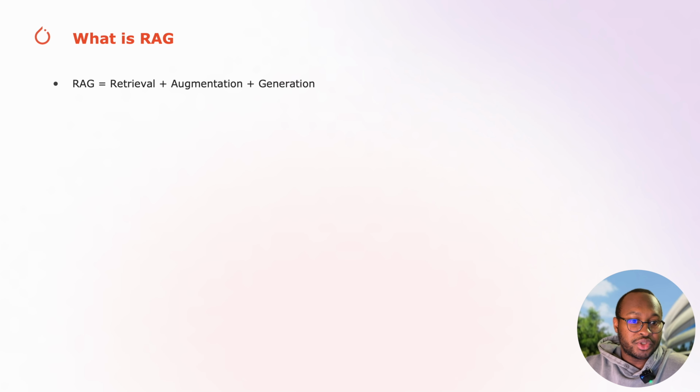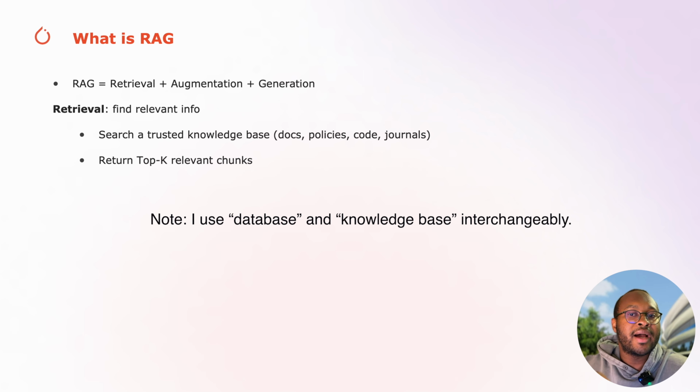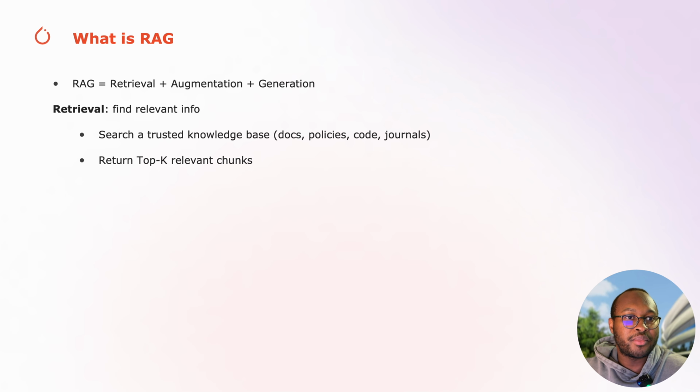Now, what is RAG? RAG stands for Retrieval Augmented Generation, as we have seen from the first slide. Retrieval is really the most important part of it. It is where we have a retriever that, when you send in a prompt, goes into your local database or your knowledge base and gets relevant documents, relevant information about that specific prompt, so that it can be appended to the original prompt and be sent to an LLM.